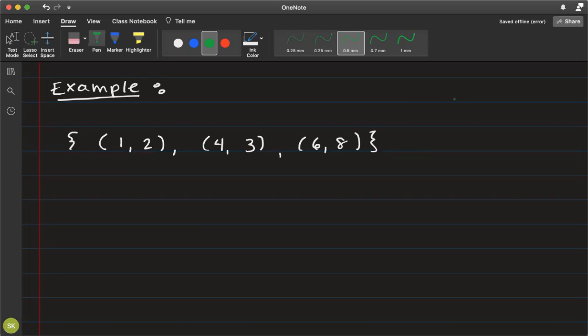In the last video, we ended on the topic of inverse functions. We gave the definition of an inverse function, and we looked at one example, and I'm going to go back over that example briefly.